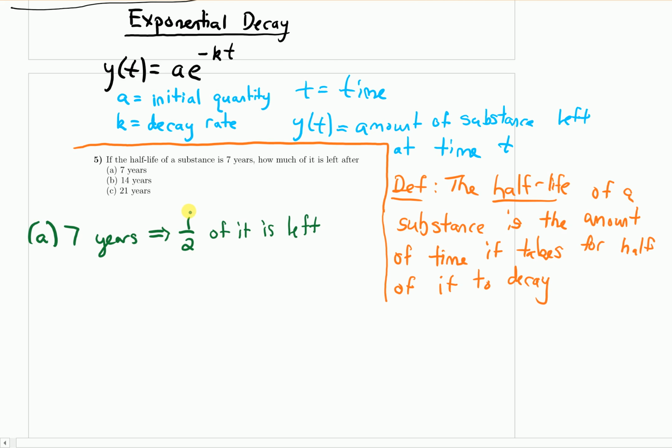What that means is, if we started off with something like 100 grams of the substance, after 7 years we'd have 1/2 of the 100 grams. We'd have 50 grams.